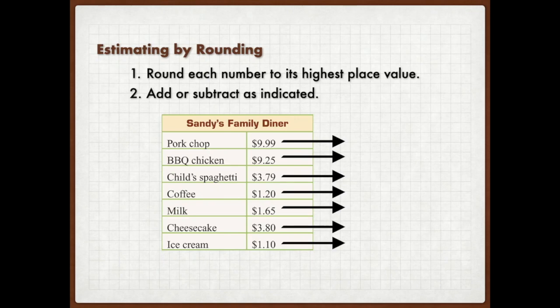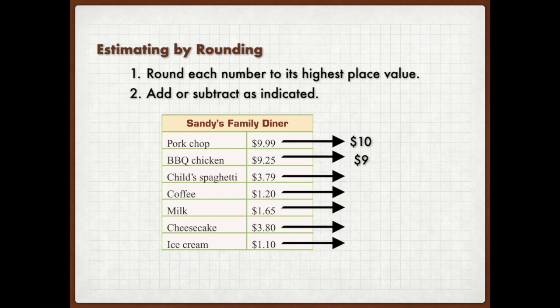So here at Sandy's Diner, we have pork chops, which are $9.99. We're going to round this to the highest. We're going to underline the 9, the first $9, circle the 90 cents, and that's going to round up to $10. I'm going to underline the 9, circle the 2, it's under 5, so that gives me $9.